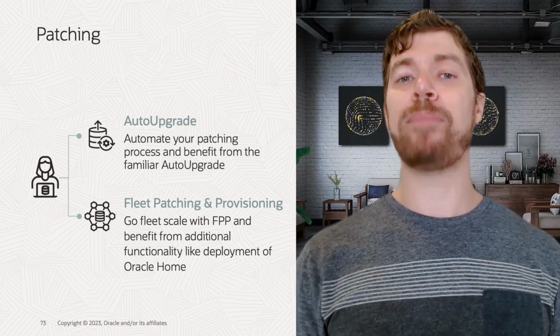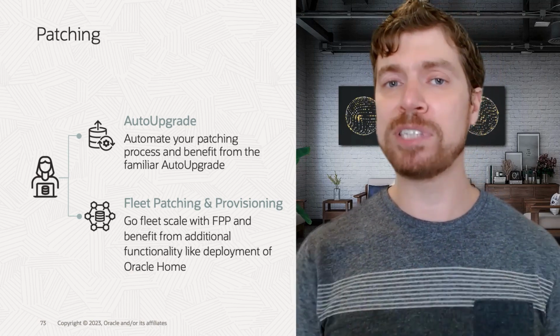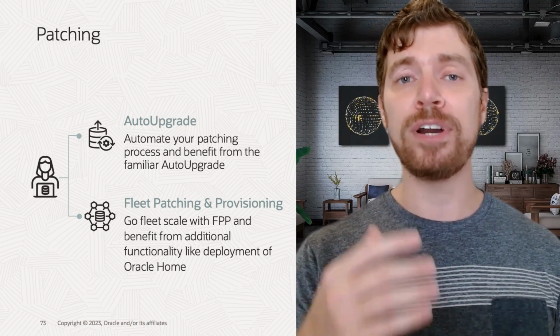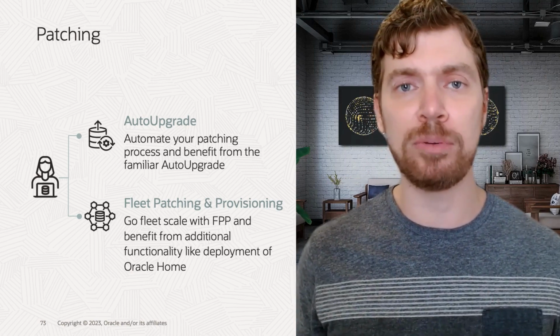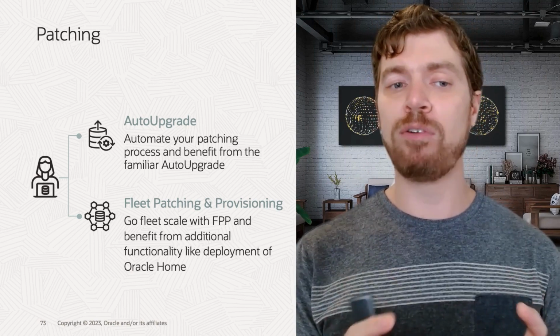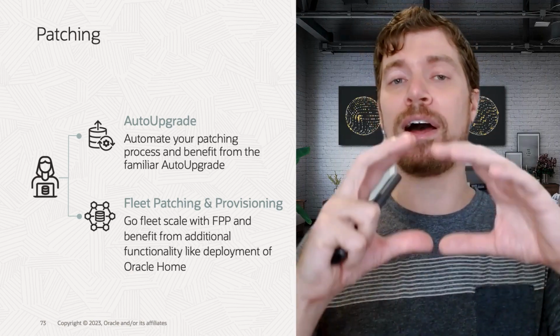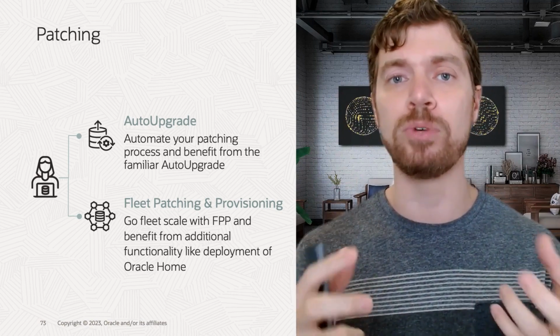While Fleet Patching and Provisioning is a corporate solution where you have dozens of databases that you want to apply the patch to at the same time, or you need to be under some compliance standards where all your databases need to be at the same patch level. So Fleet Patching and Provisioning is a solution where you will have the Fleet Patching and Provisioning server, which works similar to Enterprise Manager.